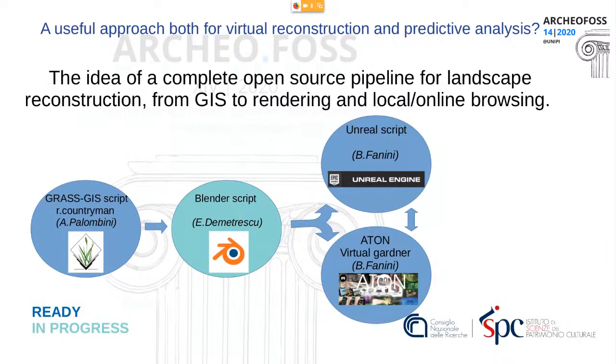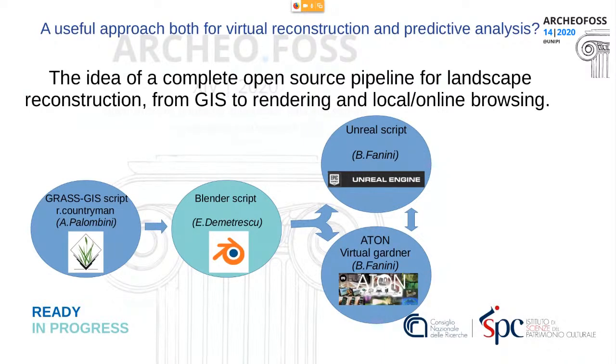But the idea is to complete the pipeline in order to have a complete pipeline to reconstruct ancient landscape by starting from a realistic simulation from the GIS, creating the ecosystems maps, using those maps for instancing on the land the trees, the plants, and the cultivated areas.